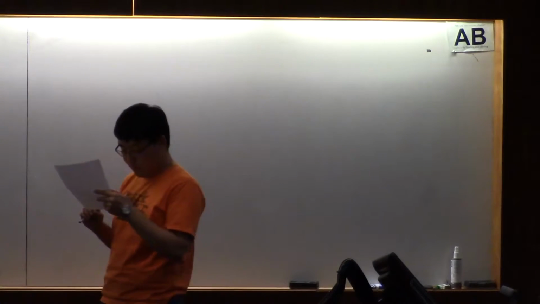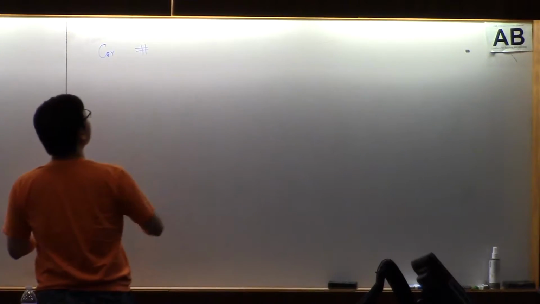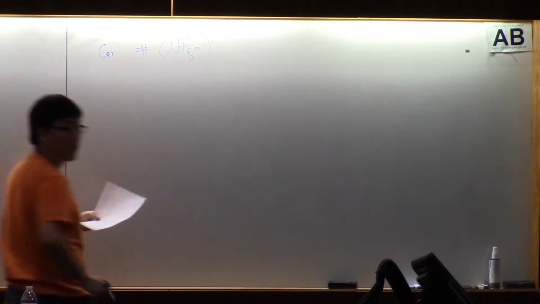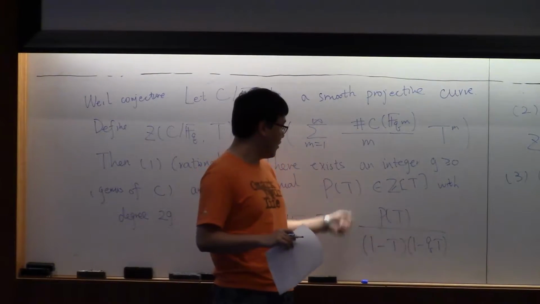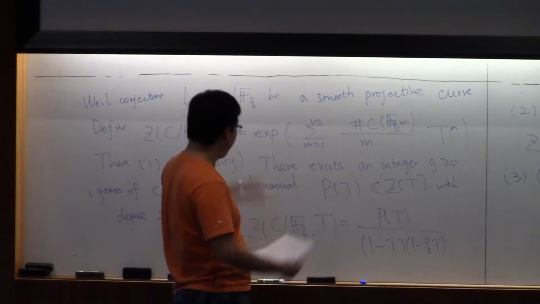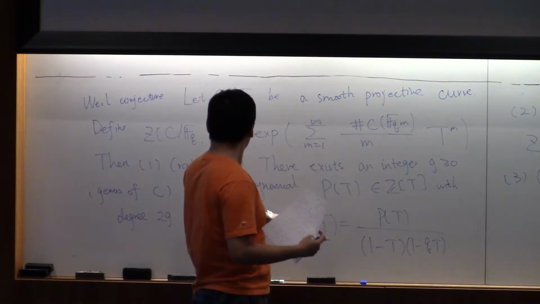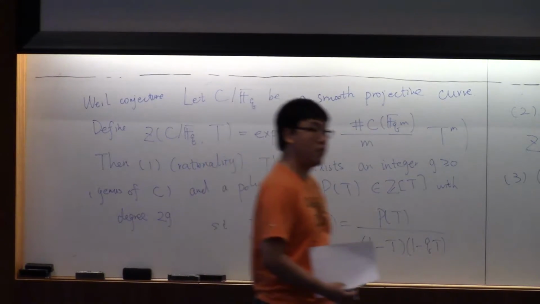Before I start a proof, let me mention a corollary and a remark. If you assume this conjecture, then we know that the zeta function is of this form, but you can expand this rational function: first you take the natural logarithm, and then you compare it with this form of power series and match the corresponding coefficients.